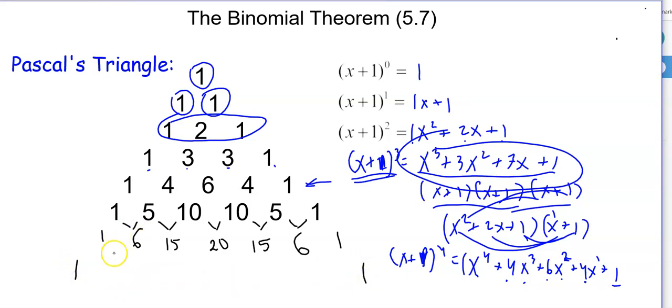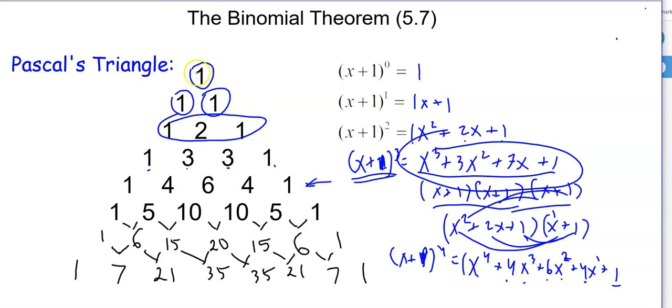So to get the next term here, I'm taking these two terms and adding them together to get 7, 21, 35, 35, 21, and 7. So each time you're adding a term, you're taking the two terms above it and adding them to get that term. That's the idea of it, and you'll generate the next term.